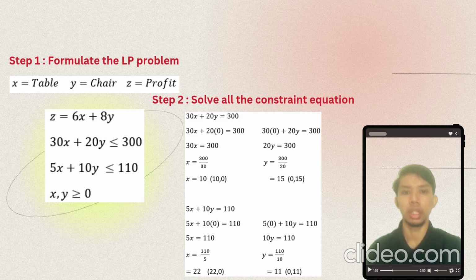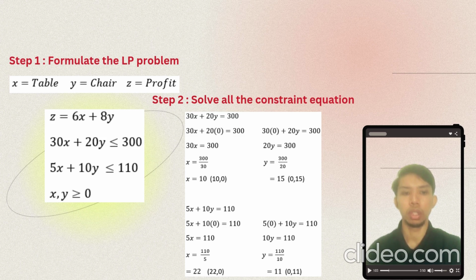Solving 30x equals 300 gives x equals 10, so the x-intercept is (10, 0). For the y-intercept, we set x equal to 0. Solving 20y equals 300 gives y equals 15, which gives us the point (0, 15).